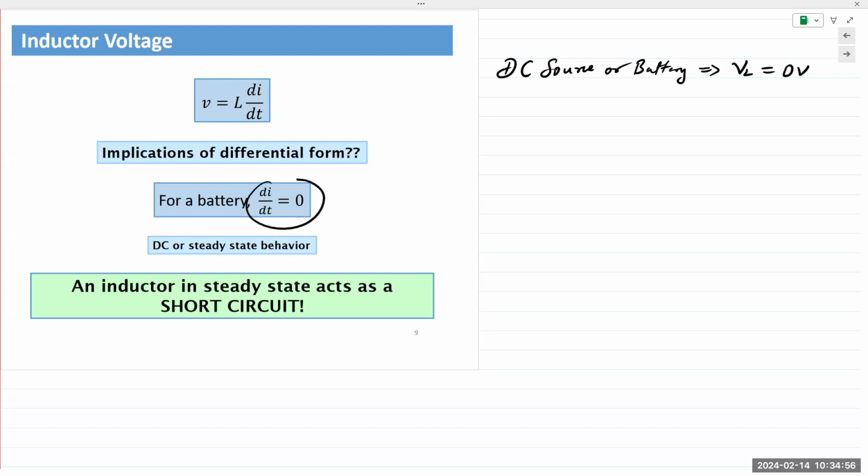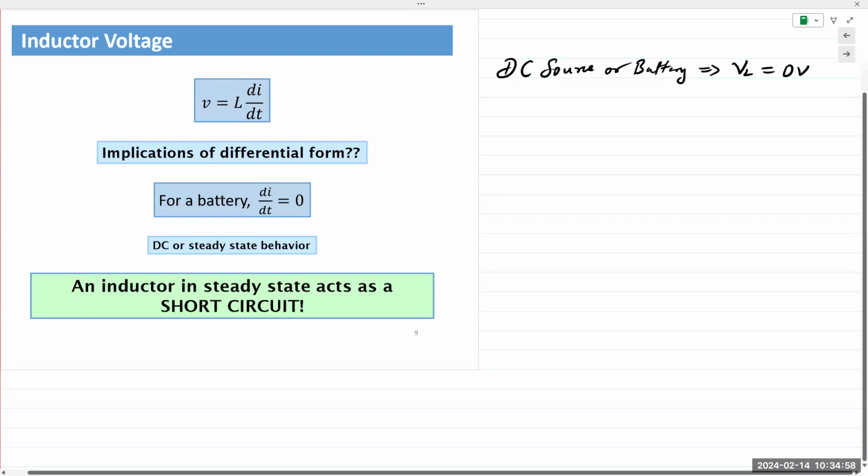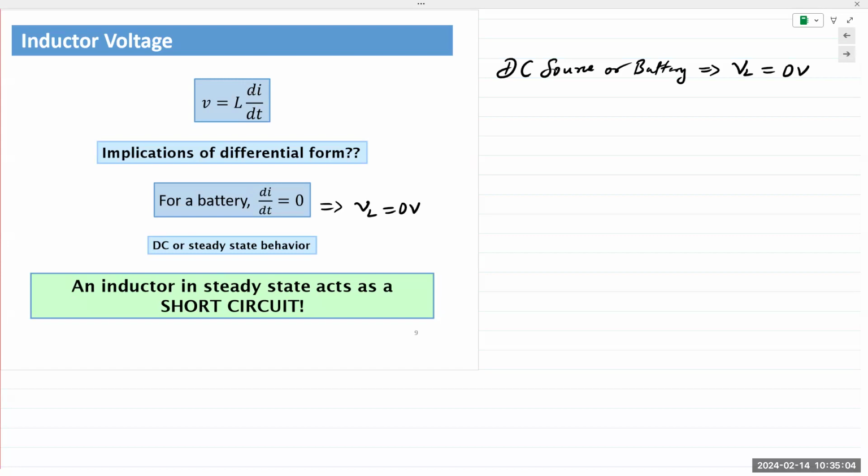So di over dt is 0, and hence voltage VL would go to 0 volts. So DC behavior, or steady state behavior, is that the inductor behaves like a short circuit. Conversely, a capacitor behaves like an open circuit. We'll see that when we get to capacitors.